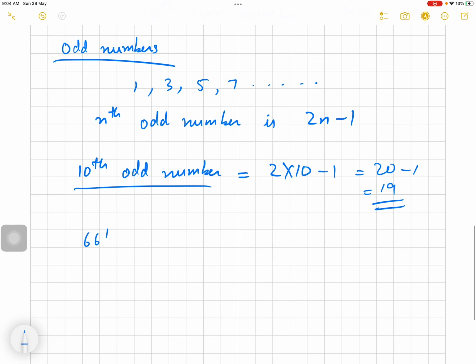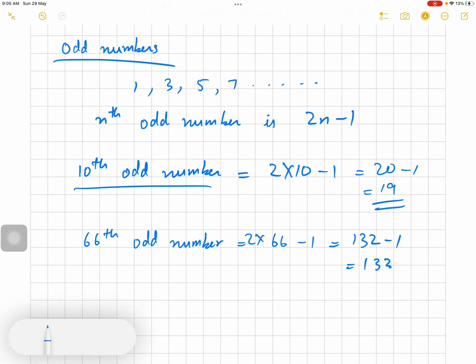Similarly, the 66th odd number will be 2 into 66 minus 1. 2 into 66 is 132, minus 1, which is 131.